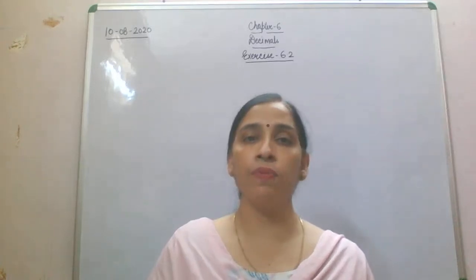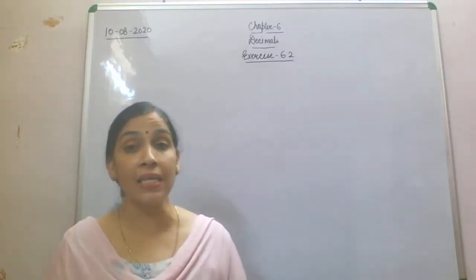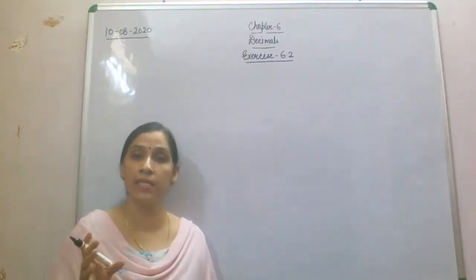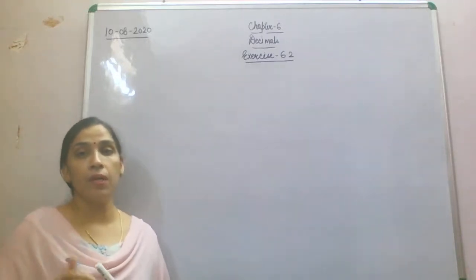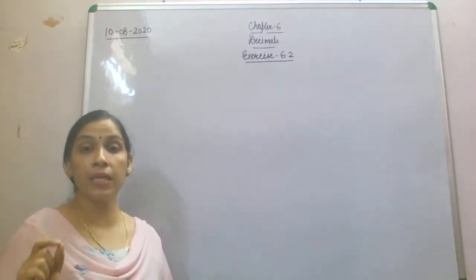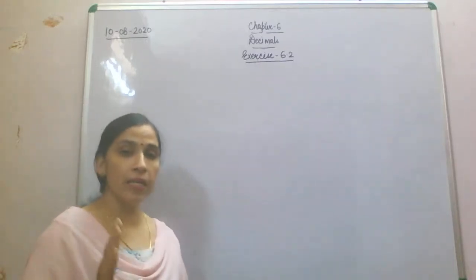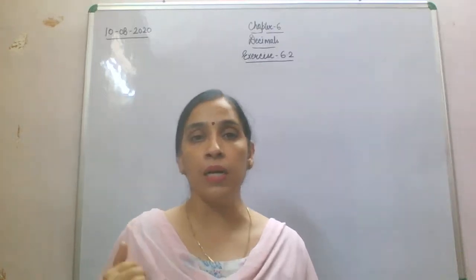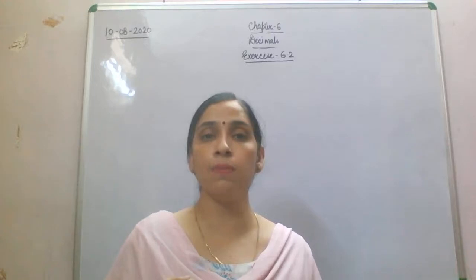So children, now we will start with question number 3 of exercise 6.2, where we are going to understand how to write a decimal number in its short form if the number is given in expanded notation, by using the place value system. As we have done earlier, after the decimal we have tenths, then hundredths, and then thousandths place value.